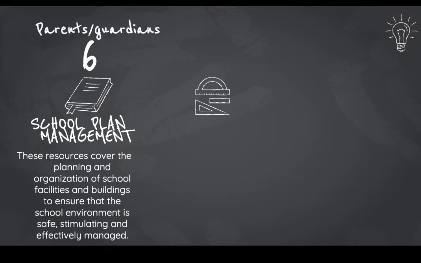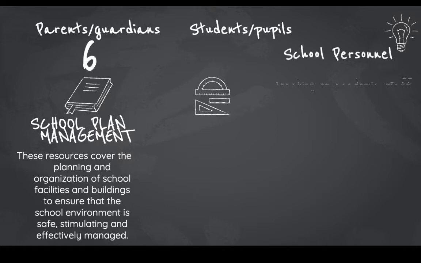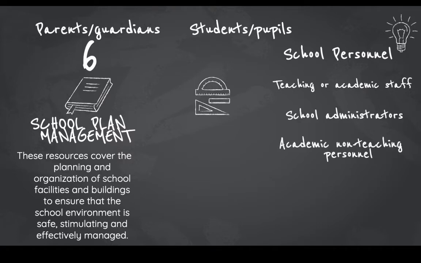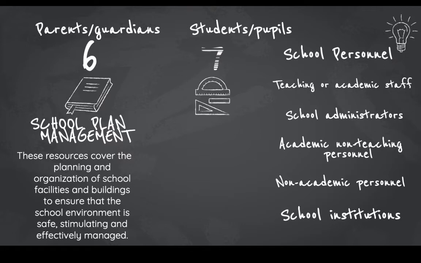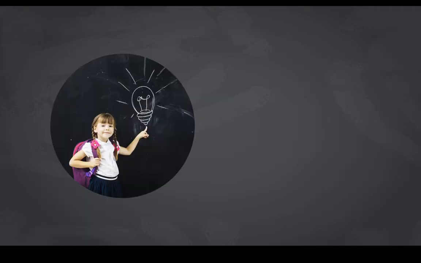We have the parents and guardians as the stakeholders, students, pupils, school personnel such as the teaching or academic staff. We also have the school administrator, the academic or non-teaching personnel, non-academic personnel, and of course, the school institution. For number seven, school and community relation, this involves the relationship of the community.